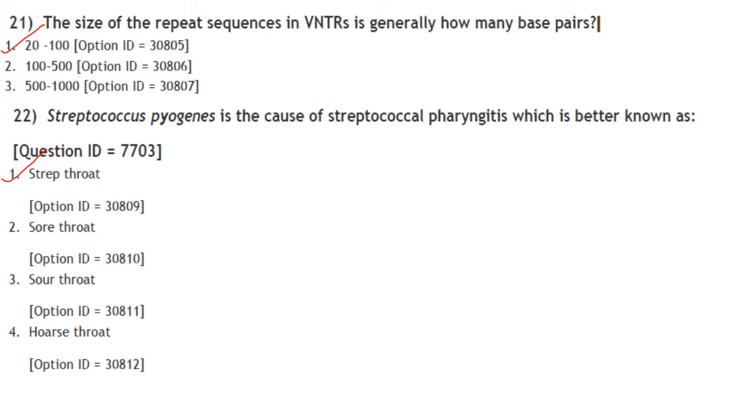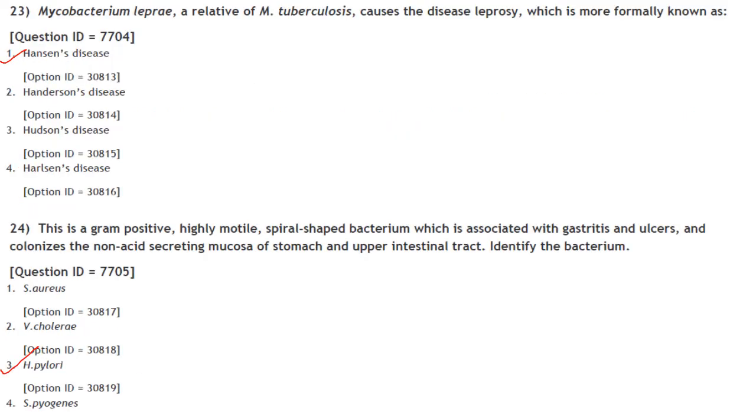Streptococcus pyogenes is the cause of streptococcal pharyngitis, which is better known as strep throat. Answer is option 1. Then Mycobacterium leprae, a relative of Mycobacterium tuberculosis, causes the disease leprosy, which was formerly called Hansen's disease. Answer is option 1.